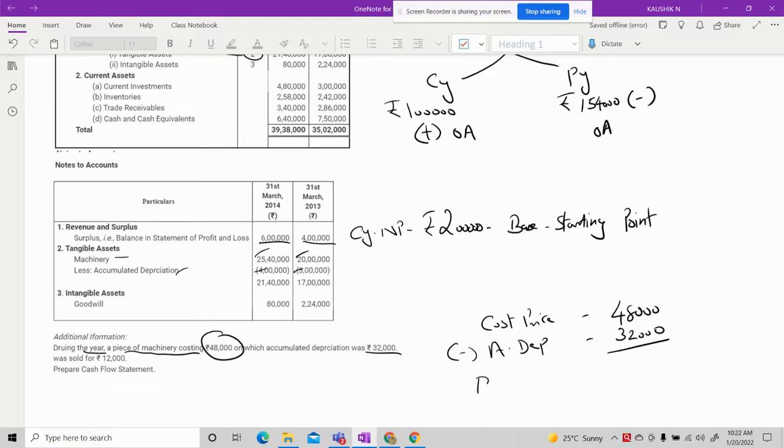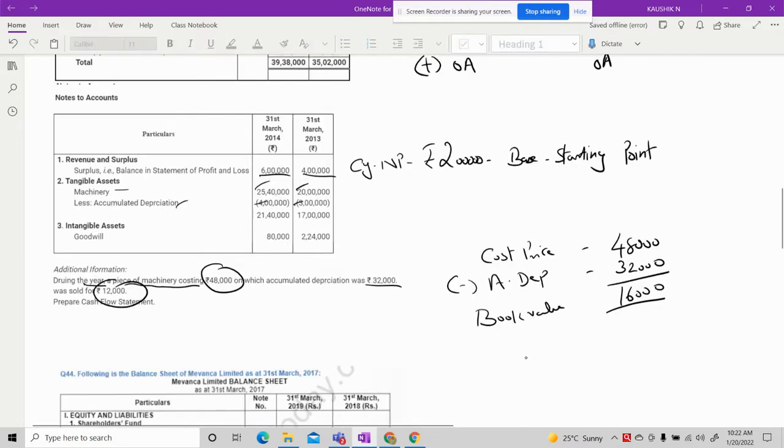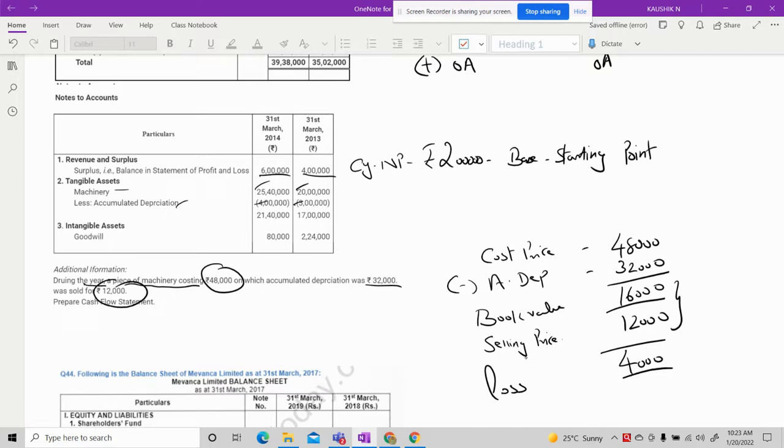That means the book value is rupees 16,000, and it has been sold for rupees 12,000. So book value is 16,000, but the selling price is 12,000. Comparing both, you can conclude that we sold at a loss. We incurred a loss of rupees 4,000.